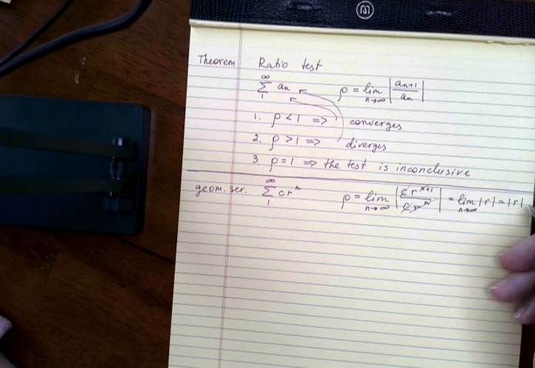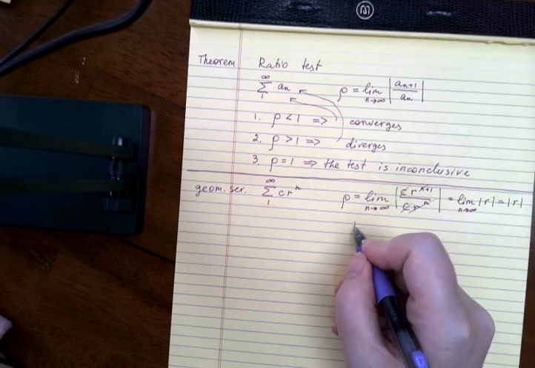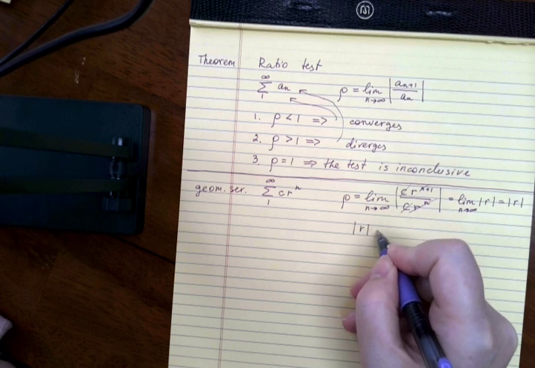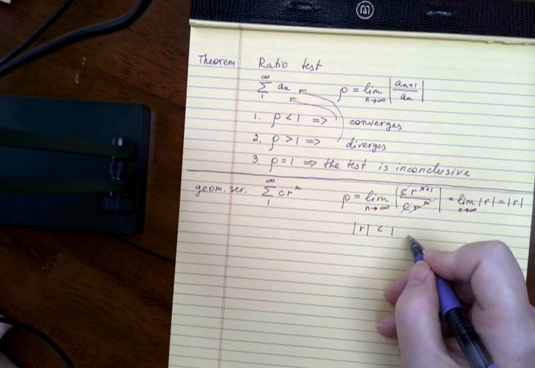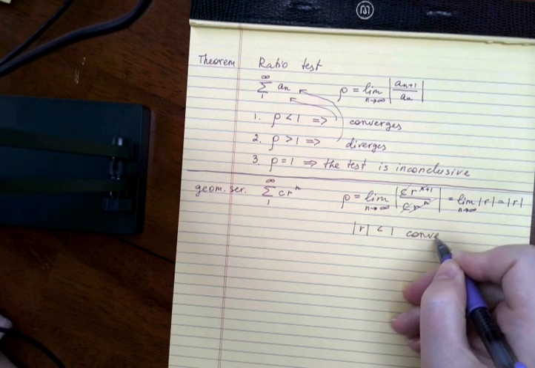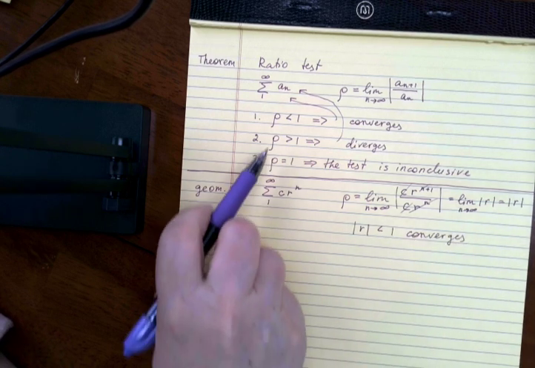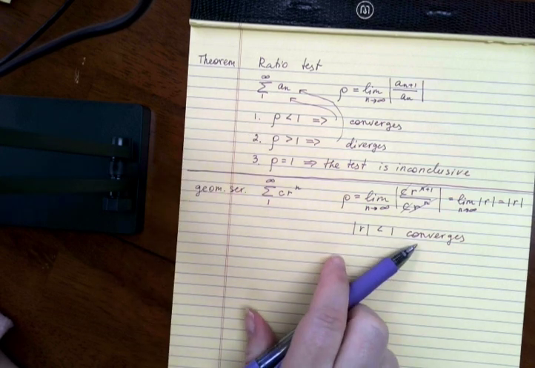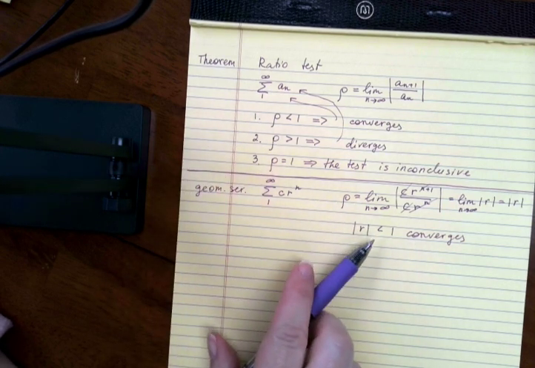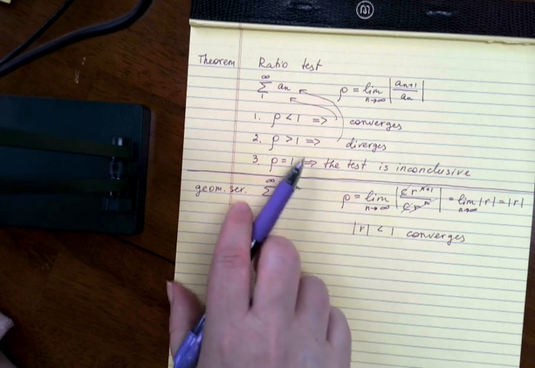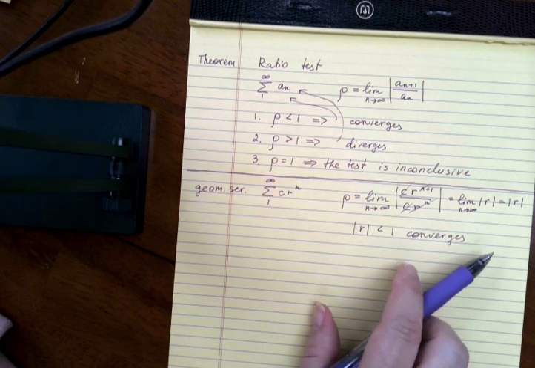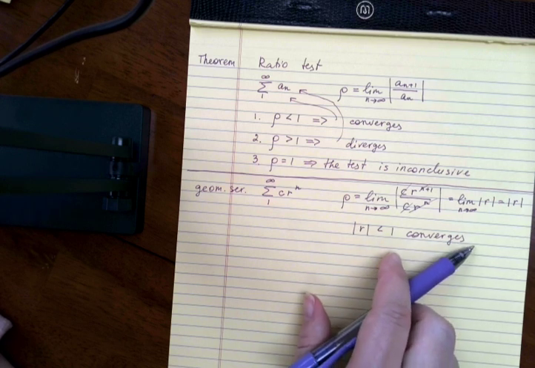And we do know that if the absolute value of r is less than 1, the geometric series converges, right? So these two facts are in agreement. Now we know that if the absolute value of r is greater than 1, the geometric series diverges.